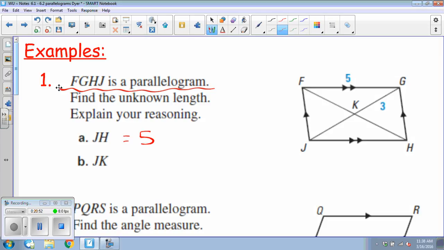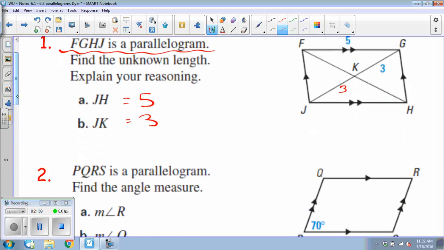JK is what? Because the diagonals bisect each other. That's what it means by explain your reasoning. Because the diagonals bisect each other. Because opposite sides are congruent. I just want you to tell me out loud.